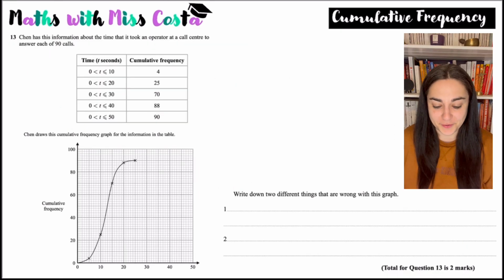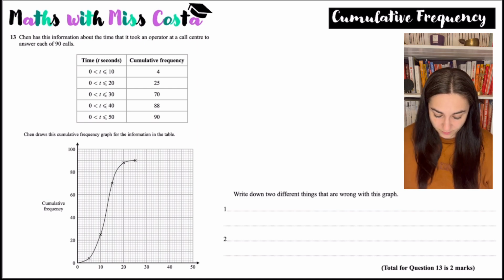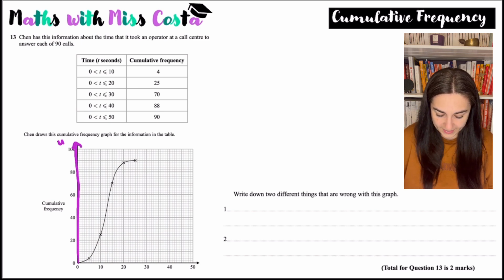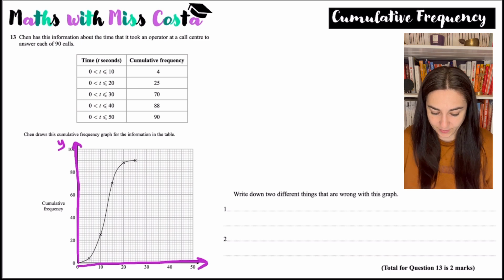So in this question, I've been given a cumulative frequency graph with its corresponding table of values. Jen draws this cumulative frequency graph for the information on the table, and I need to write down 2 different things that are wrong with this graph. So let's start by looking at the axes. I know that the y-axis, even though she hasn't labelled it, is the cumulative frequency, but I don't know what the x-axis represents.